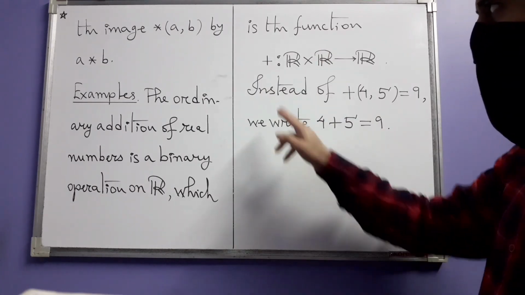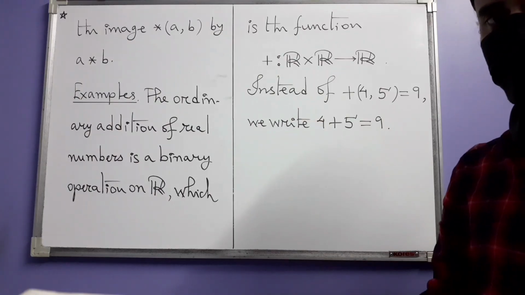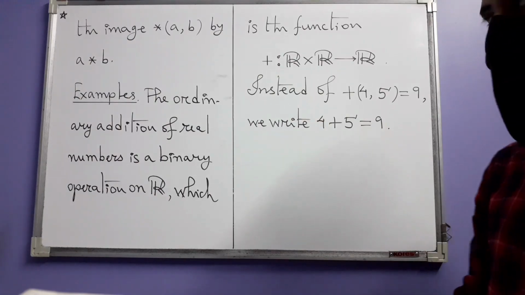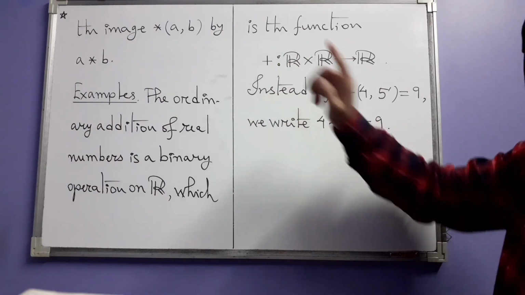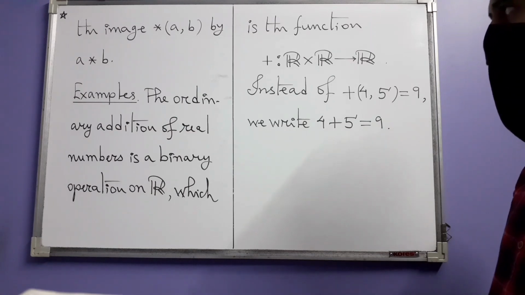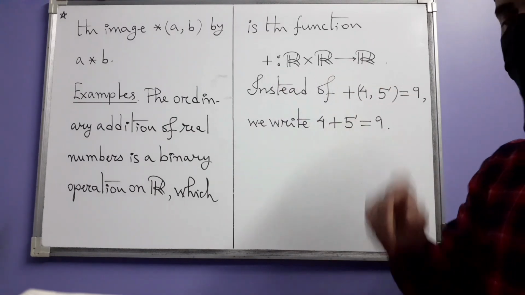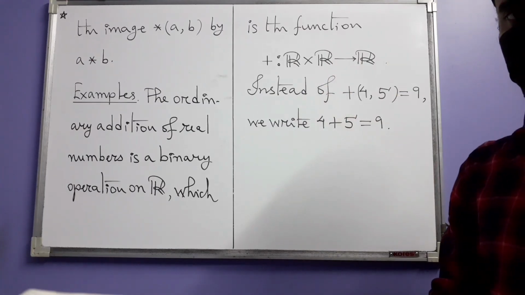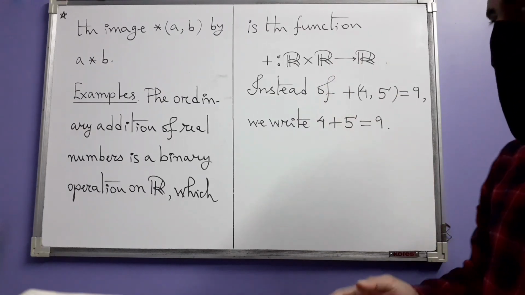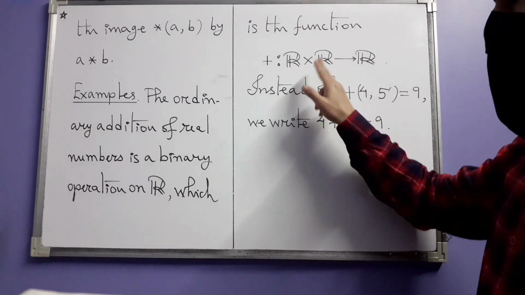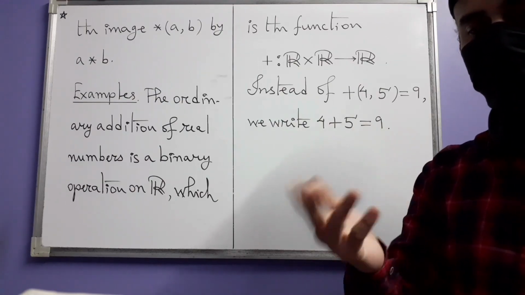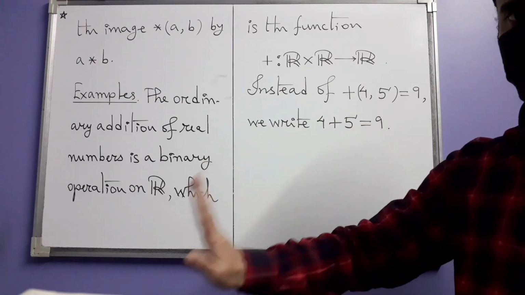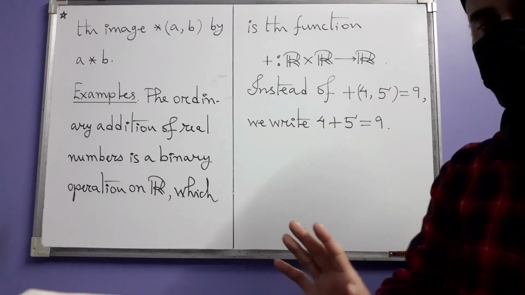Although if you want, you can use a letter, say you can write A here. A stands for addition, but we don't do that. We use this well-known symbol, although it's actually a function from R times R into R. Why is that so? That is because you take two real numbers in some order, although order does not matter, but those things come afterwards.